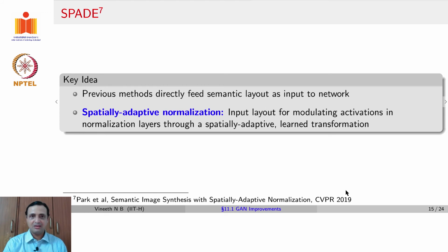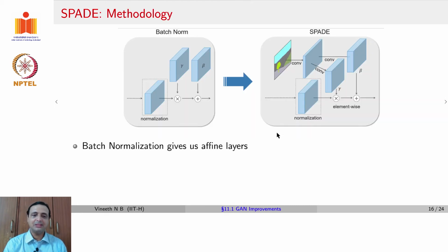In SPADE, which stands for spatially adaptive normalization, the input layout modulates activations in normalization layers through a spatially adaptive learned transformation. Let's see how this happens.